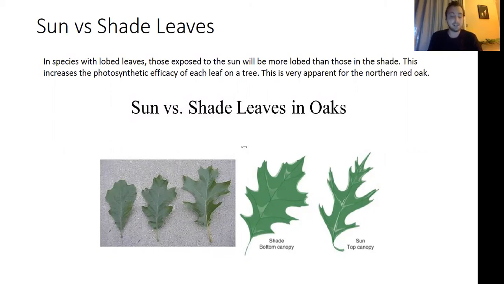If our top canopy leaves were just as big as our bottom canopy, they would be taking up all the light for the leaves in the bottom canopy. So it would be almost pointless for the tree to have those bottom canopy leaves. But if the top were to allow more light in and then have it captured by the bottom ones, it really makes the tree much more efficient.